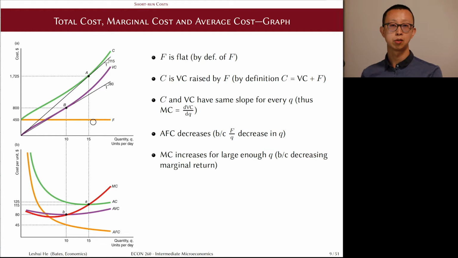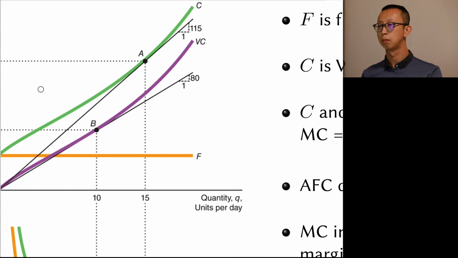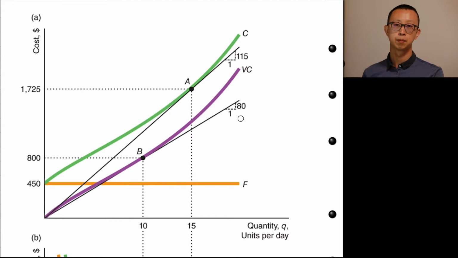And now let's take a closer look at how the marginal cost changes with Q in this graph. If we start off from a low level of Q and raise it gradually, then we can keep track of the slope of either the variable cost curve or the total cost curve.